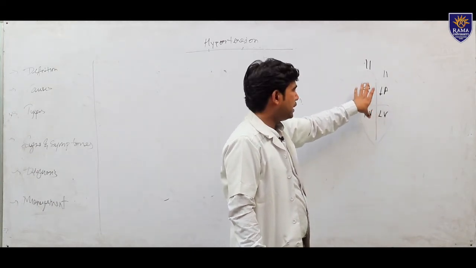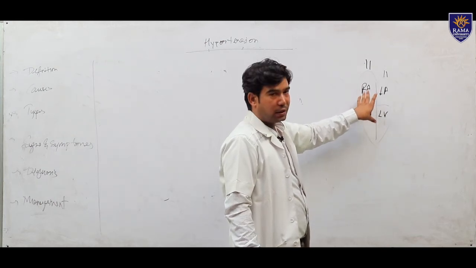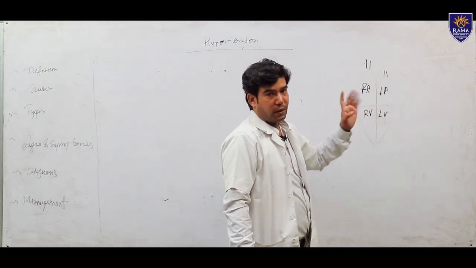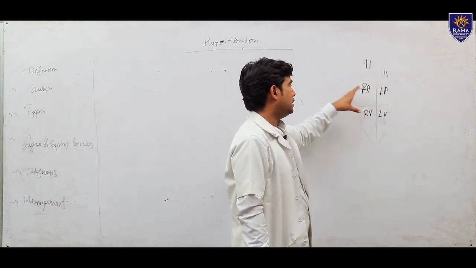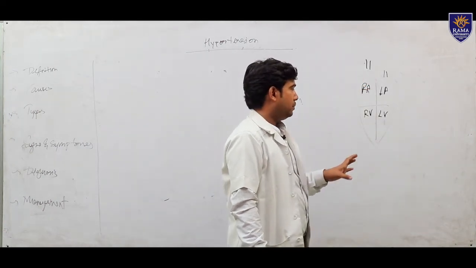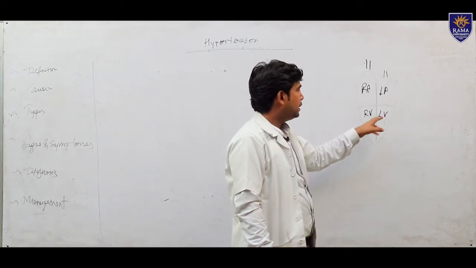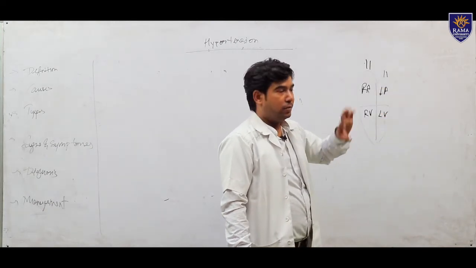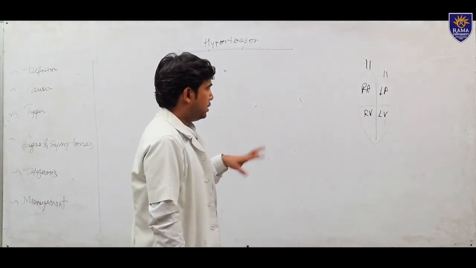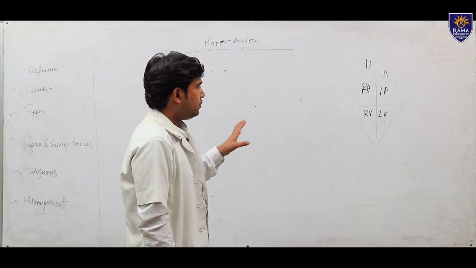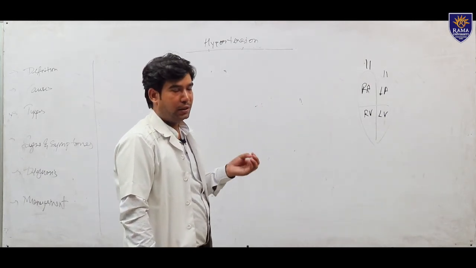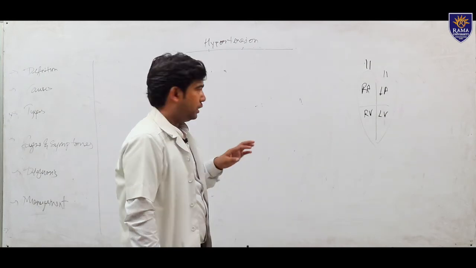This part takes impure, deoxygenated blood, and this part takes oxygenated blood. This part takes blood from the whole body by the superior vena cava and inferior vena cava, and this gives to the whole body by the aorta. This is the anatomy, and the heart's function is pumping the blood to the whole body.